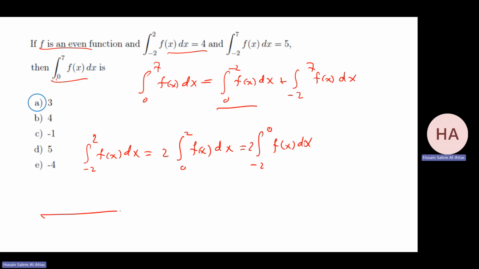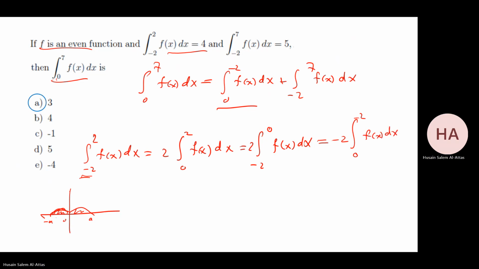Okay. If you notice, when the function is even, this and this are the same. So I have this is from minus a to 0, and this is from 0 to a. So these two should be the same. And I have 2 of these. So I have two of these to do that one. But I need 0 to minus 2. So that will be minus 2, 0 to minus 2, f of x dx.